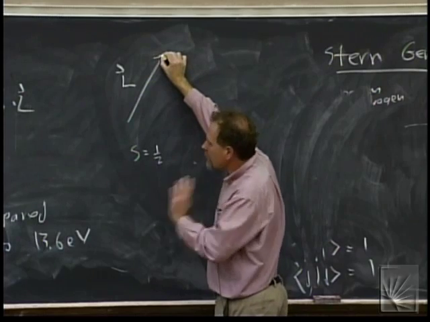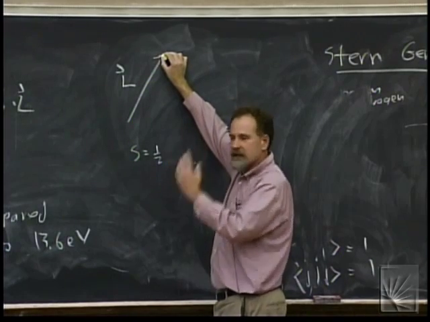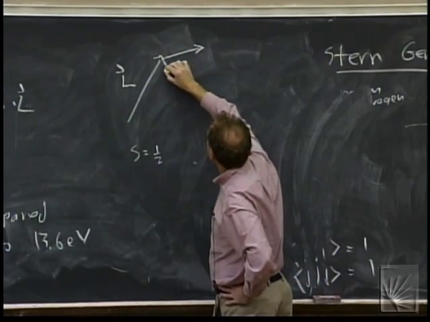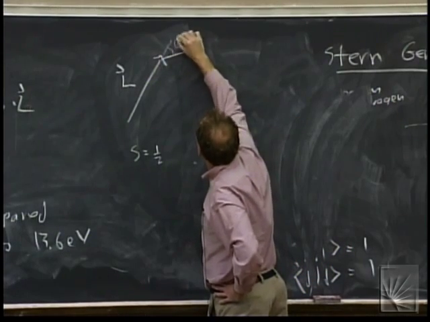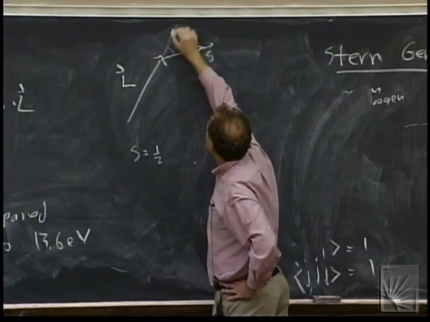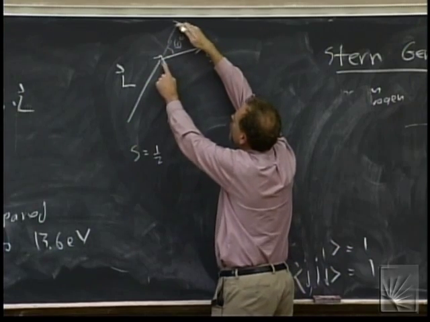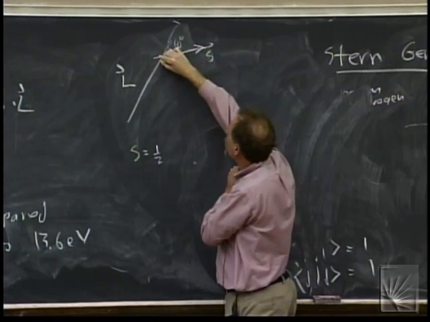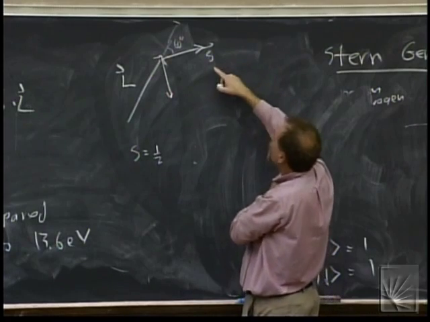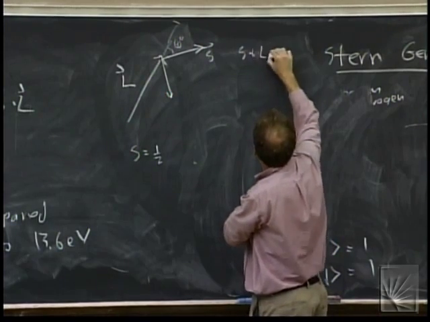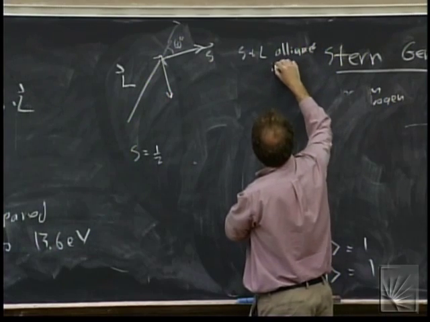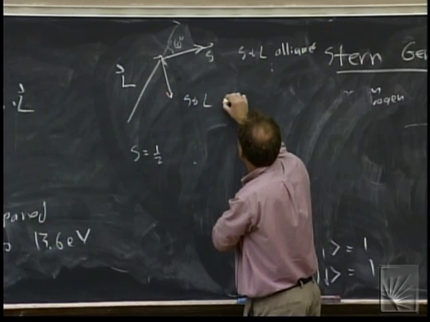M sub S shouldn't be defined relative to some arbitrary Z in space, it should be defined relative to L. So I really only have two choices, with that being the 60-degree angle we talked about. S should either be that way, because that's a projection of 1/2 h bar onto L, or it should be that way. This is essentially spin up. This is S and L aligned. And this is S and L anti-aligned.